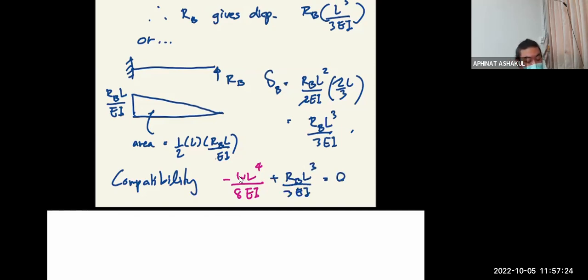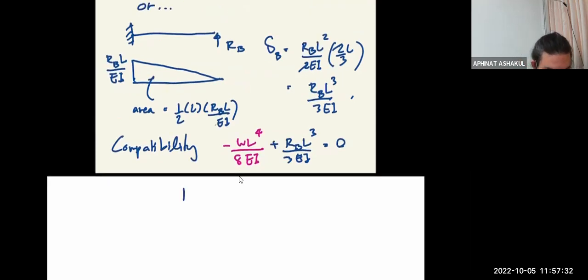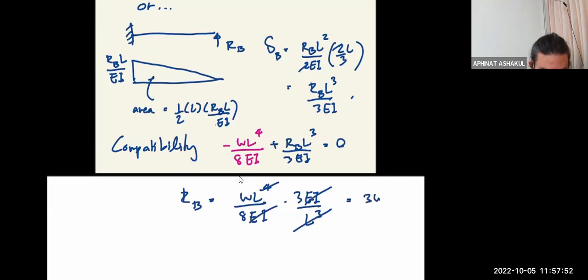And now we know everything except RB, and you can obtain RB from this. So RB is equal to WL to the power 4 over 8EI multiplied by 3EI over L cube. L cube is gone, this is 1 now, EI is gone. So you see, it's 3WL over 8.